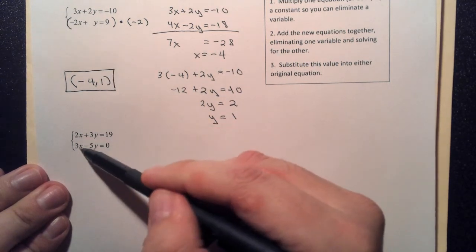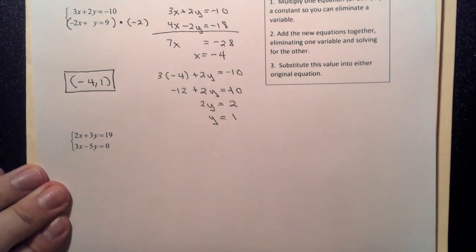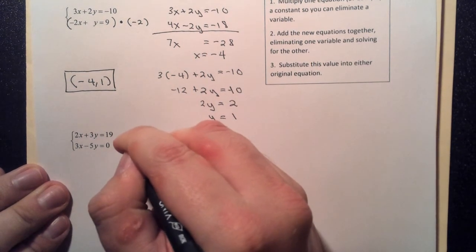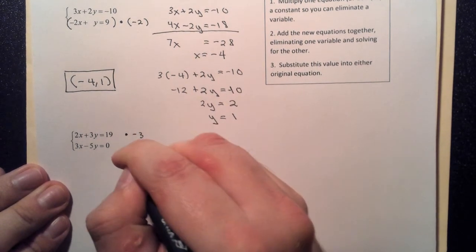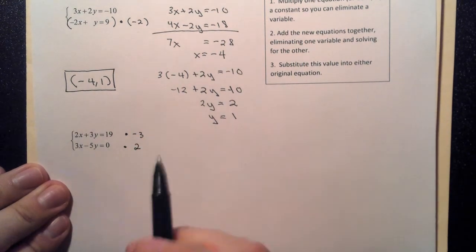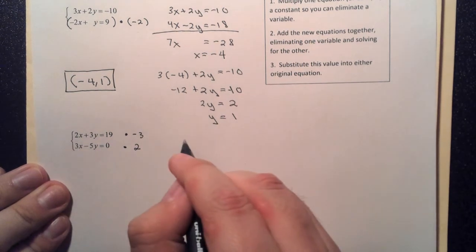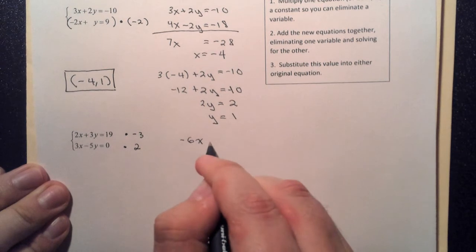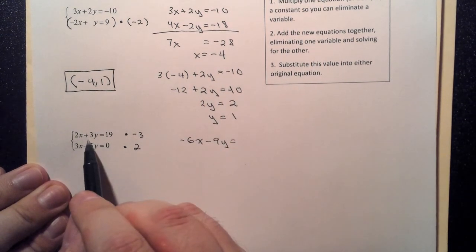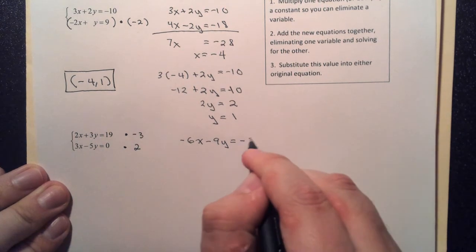I have 2x and 3x, I have 3y and minus 5y. Here you must multiply both equations by some constant. I will multiply the first equation by negative 3 and the second equation by 2. Why? Well, this would give me negative 6x and 6x. And I'm multiplying the whole equation, so I would have negative 3 times 3y, and negative 3 times 19 is negative 57.